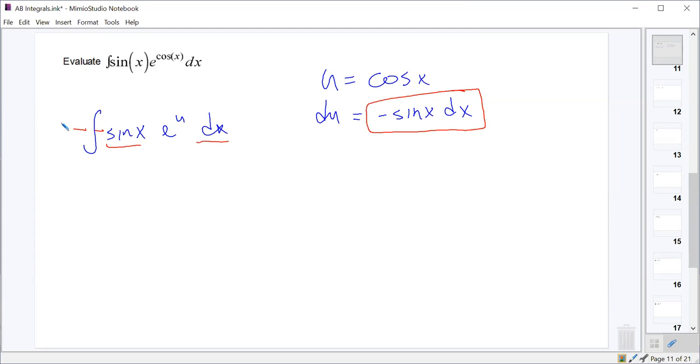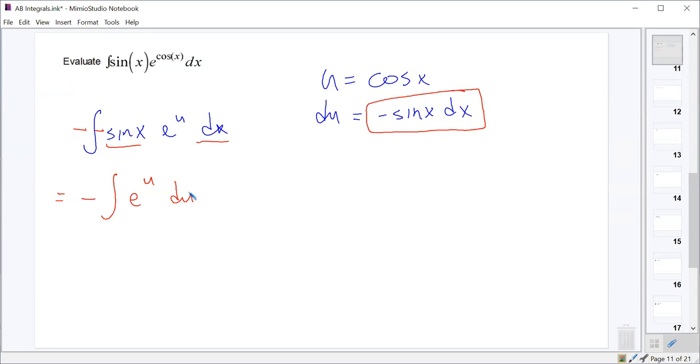Sure looks like it. I have a negative sine x inside the integral and a dx inside the integral. And so all of that can be replaced with du. And so we've turned this into an integral that is all in terms of u, e to the u du.